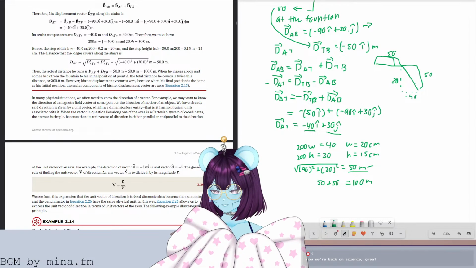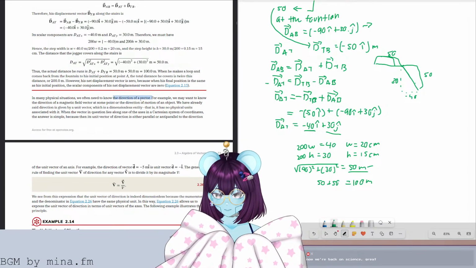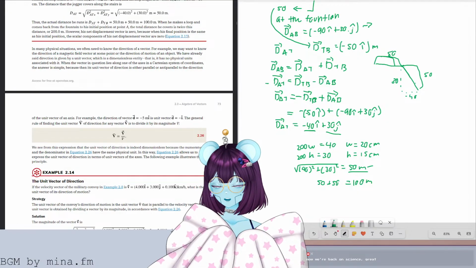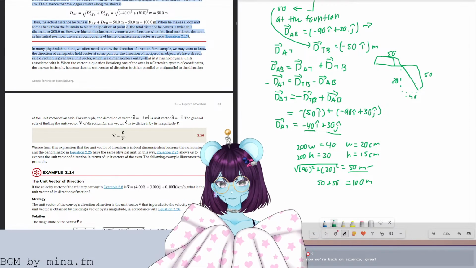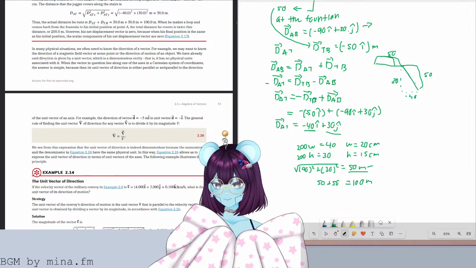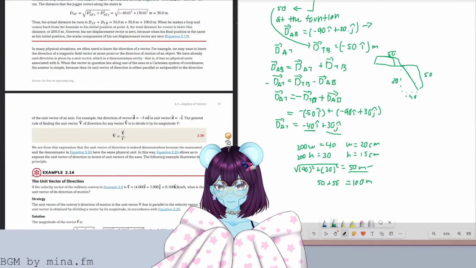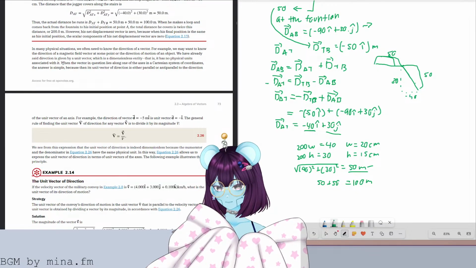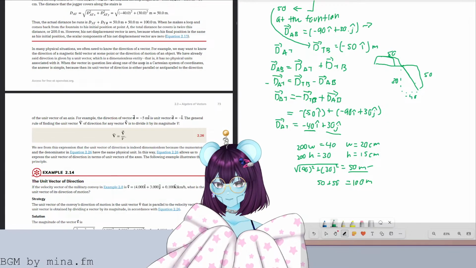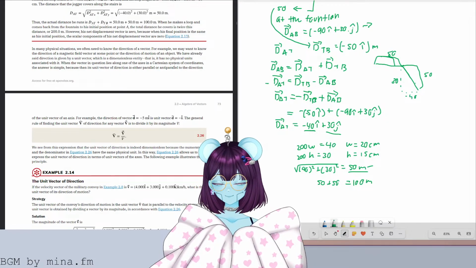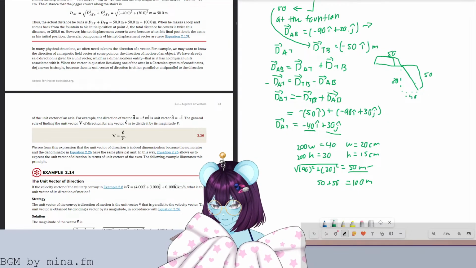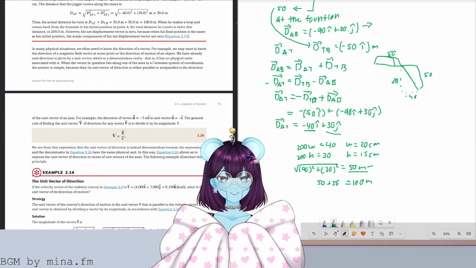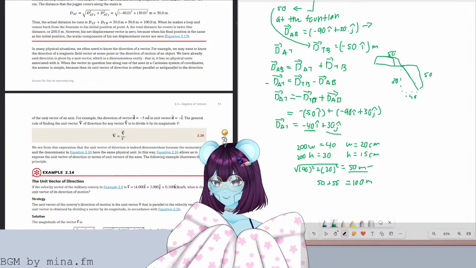In many physical situations, we often need to know the direction of a vector. For example, we may need to know the direction of a magnetic field at some point, or the direction of an object in motion. We have already said direction is given by a unit vector, which is a dimensionless entity. That is, it has no physical units associated with it. When the vector in question lies along one of the axes in the Cartesian system of coordinates, the answer is simple, because then its unit vector of direction is either parallel or anti-parallel to the direction of the unit vector of an axis.